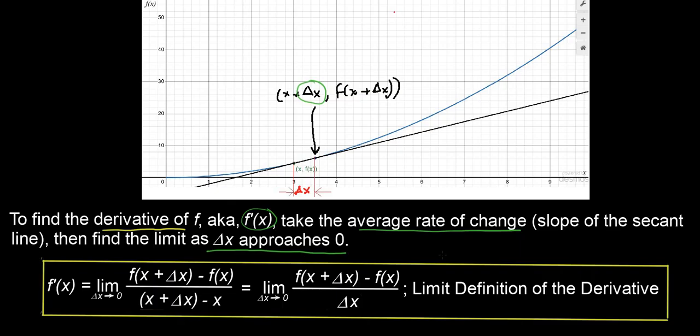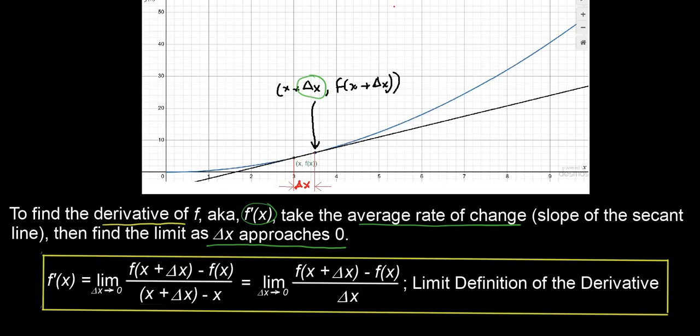We're taking the logic to its ridiculous extreme. We're using the average rate of change as an approximation. But as soon as we shrink the change in x to zero, if we can somehow do that, it's no longer an approximation. And this is that thing that we know as the derivative.